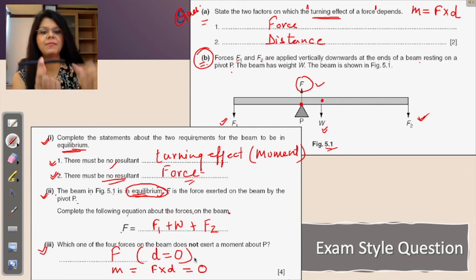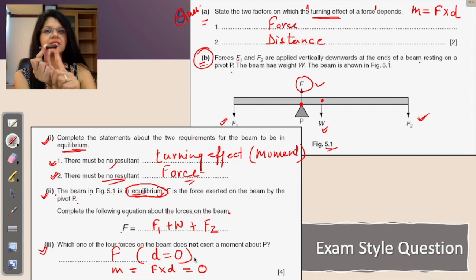So if I'm holding a pen like this, and if I'm trying to push the pen at the pivot itself, it will not turn. It will rather move the pen. I'm holding the pen at this point, which is the pivot. I apply the force on the pivot. Will it turn the pen? No. If you want to turn the pen, you have to apply a force away from the pivot. If I apply the force here, it will turn.